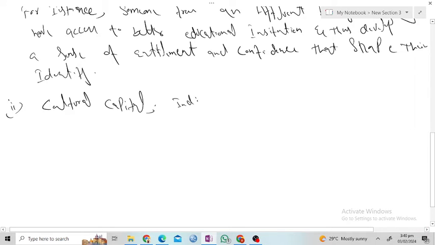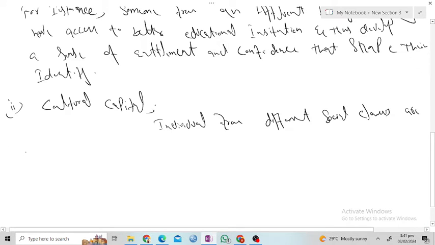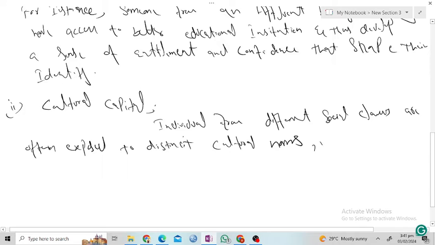Try to start in the next line. Individuals from different social classes are often exposed to distinct cultural norms, values, and practices.